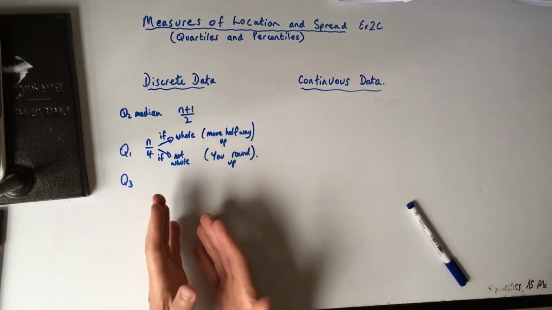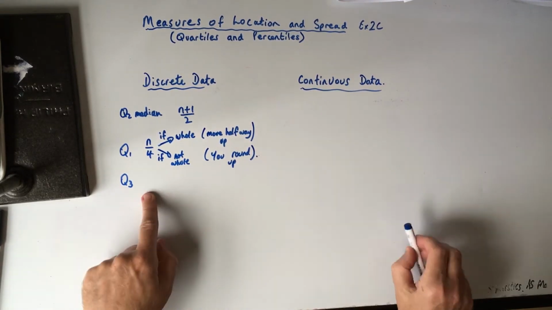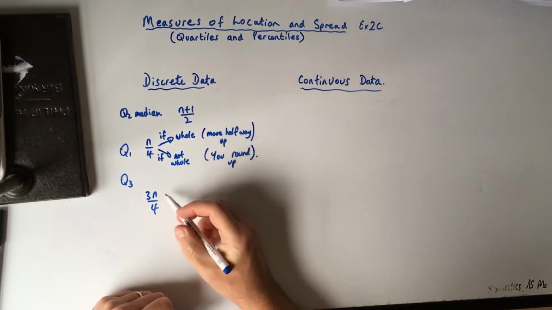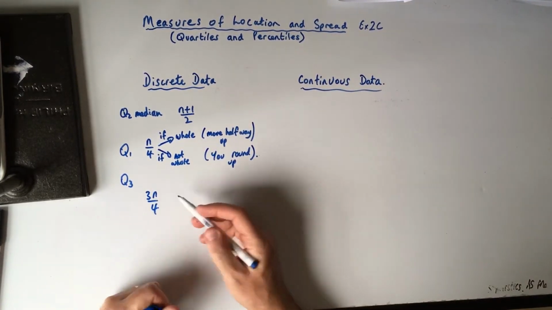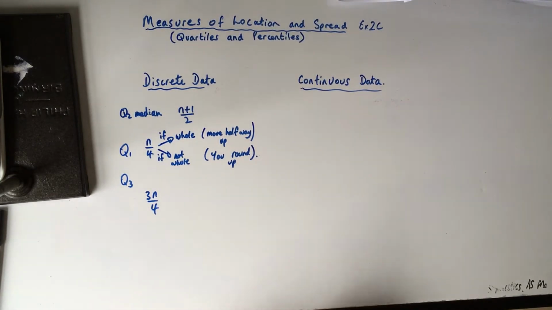You just round up if it's not whole. If it is a whole number, you go exactly halfway up. And it's the same with Q3. You just go 3n over 4, obviously, so n over 4 and then times the whole thing by 3. If it's whole, halfway up, and if it's not whole, you just round up. If you get 7.3, for instance, you take the 8th value.